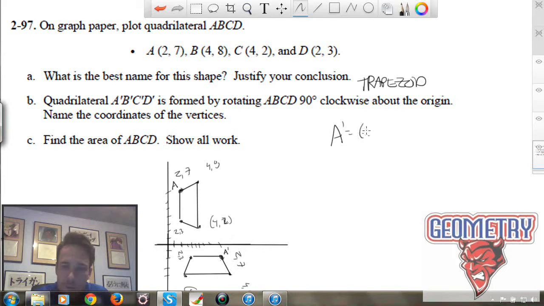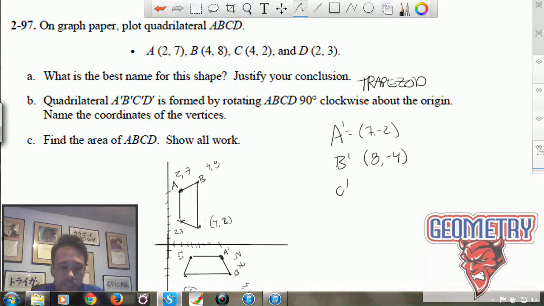So A prime is over 7, down 2. B prime. B was 4, 8. So the original B was up there, so this B prime is down here. So if the original B was over 4, up 8, this new B, B prime, is over 8, down 4.